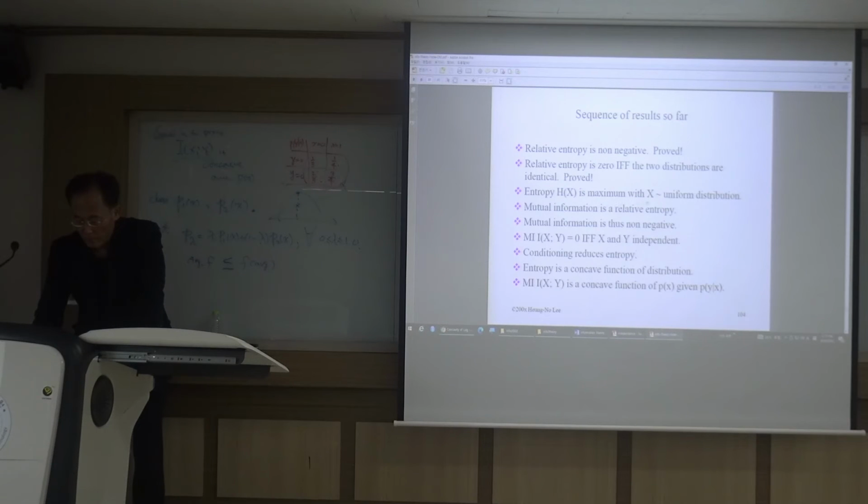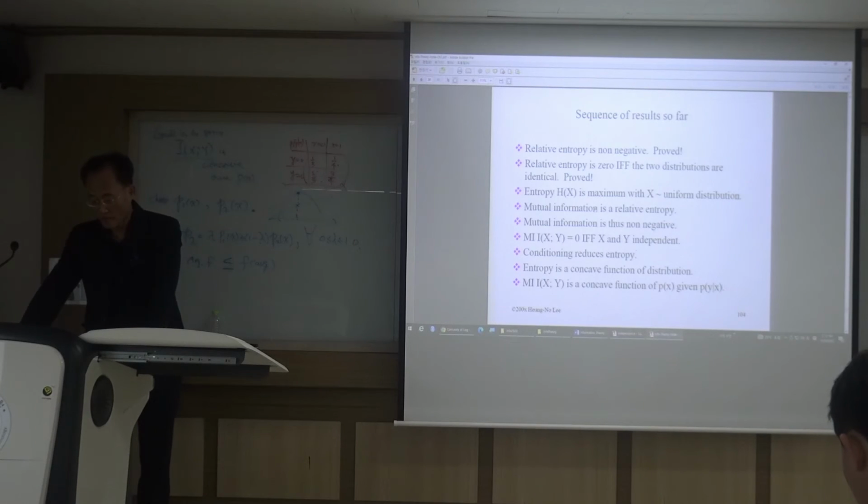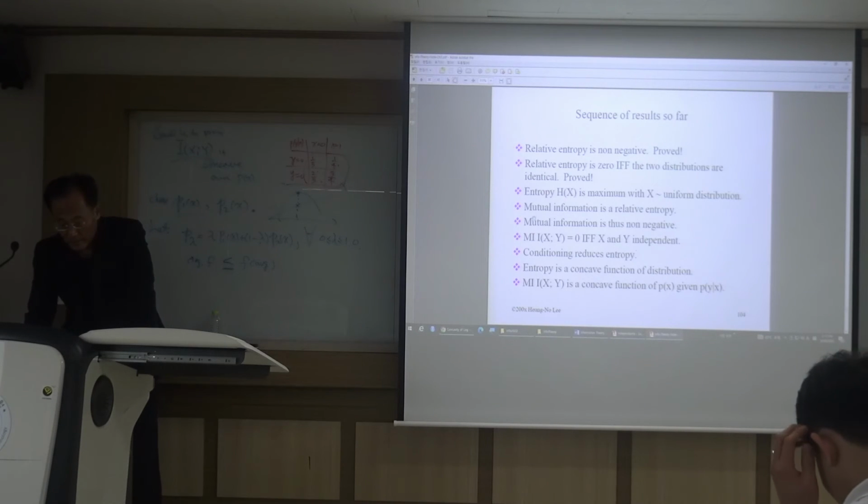Entropy is maximum when uniform distribution. 요거는 근데 conditioning이 있는, 요거는 요 자체로 true는 아니에요. 나중에 x가 어떤 random variable이냐, discrete냐 아니냐, 또 다른 조건이 있느냐 없느냐에 따라서 달라지는. 챕터 2에서는 valid. Mutual information is relative entropy. Mutual information is non-negative. Mutual information is zero if and only if x and y independent.